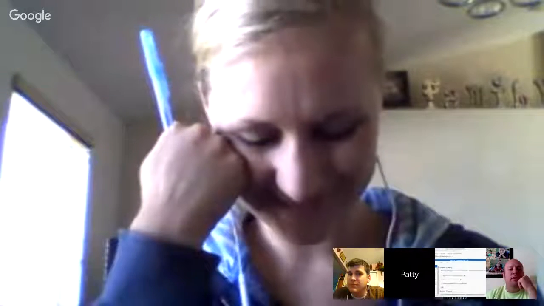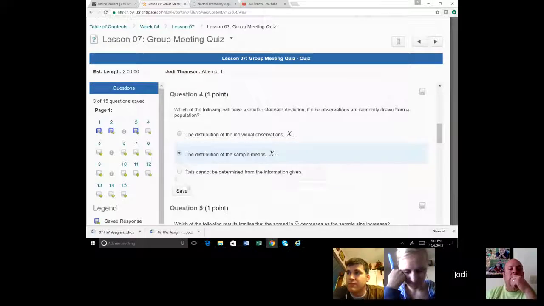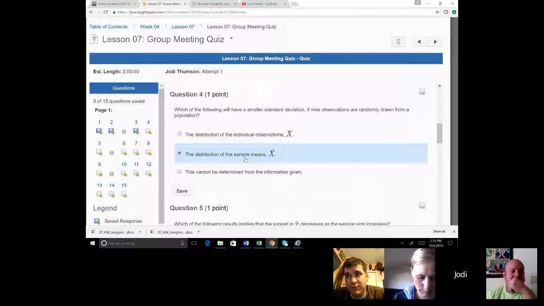I'm not sure either. I think it's the sample means, because isn't that kind of what we did? That's where, instead of dividing by just the standard deviation, you take the standard deviation divided by the square root of the number of samples. Oh, yeah, right.